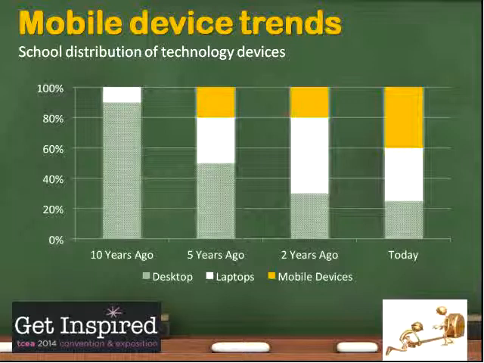As you can see from this graph here, traditionally 10 years ago, mainly the computer technology was the desktop, with the administrators usually having the laptops. Then 5 years ago, it changed where now there's a little bit of mobile devices, more laptops and fewer desktops, to where 2 years ago, the laptops have definitely increased, and there's still a teeny bit of usage of cell phones in the classroom, the mobile devices, the netbooks, and laptops on laptop carts.